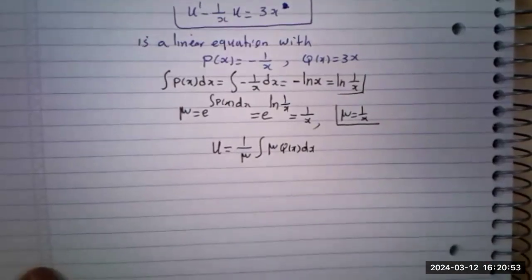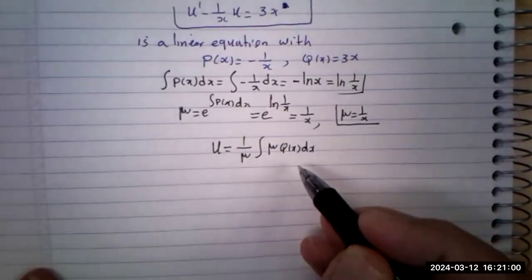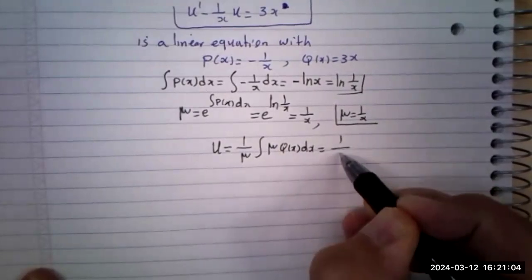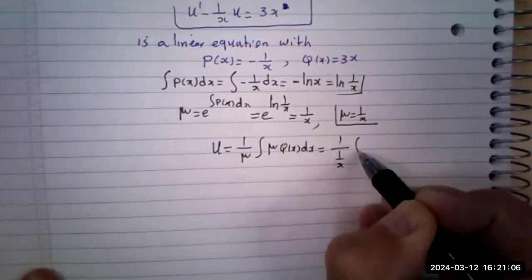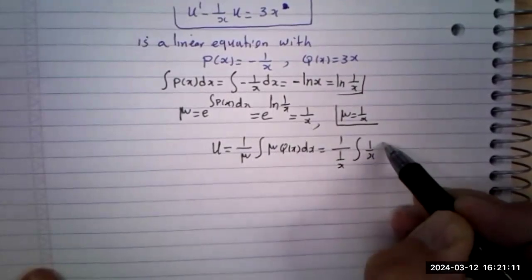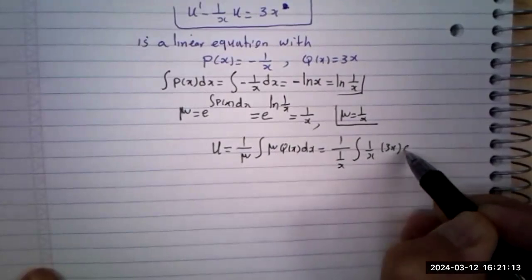Make sure you write y equal to in the general formula, because here it's u equal to. Okay, substitute and integrate. So this is going to be equal to 1 over 1 over x, times the integral of 1 over x times q of x, which is 3x, dx.